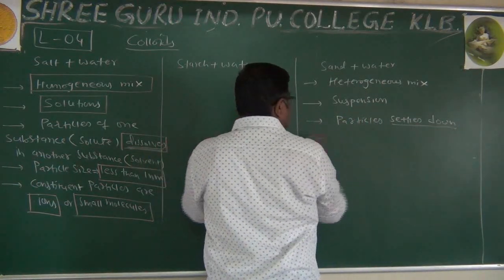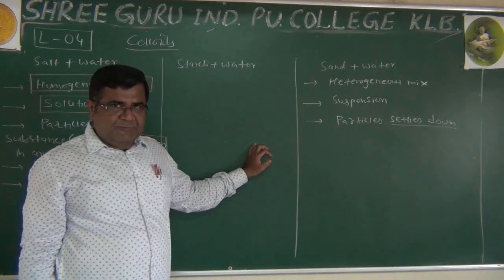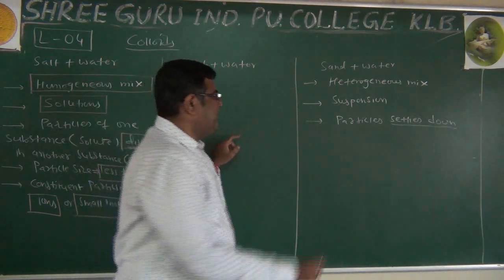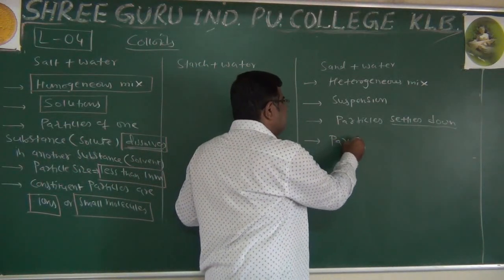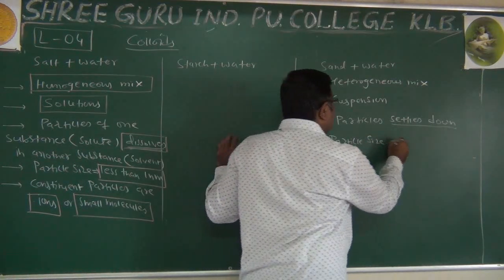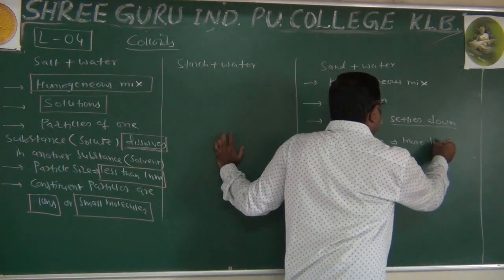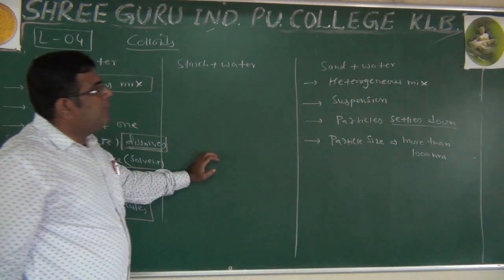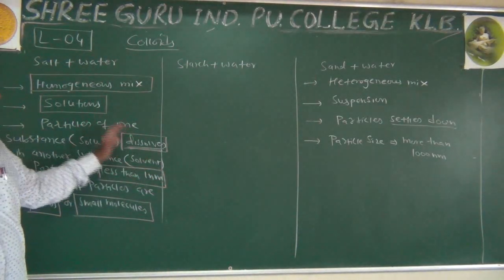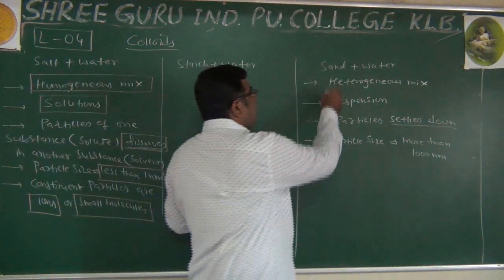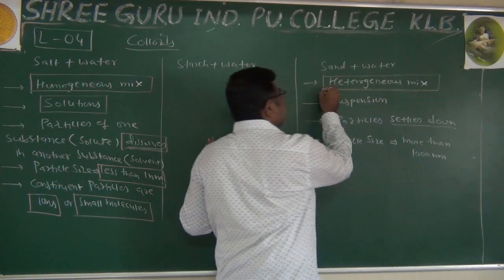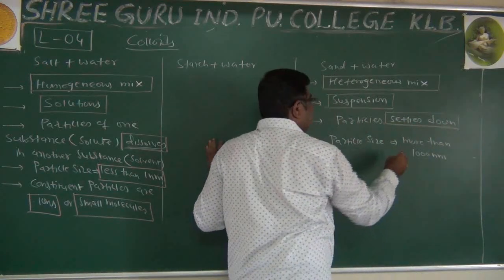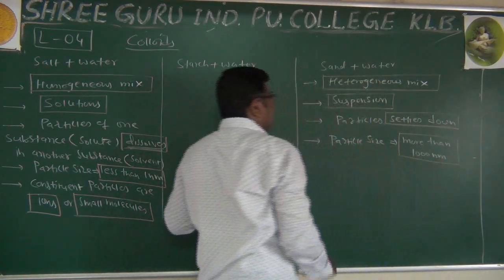Here particles dissolve, here particles settle down. One is homogeneous, solution; the other heterogeneous, suspension. And the particle size is more than 1000 nanometer. So we are going to another extreme where the components form a heterogeneous mixture. We call it a suspension. Particles are settling down and their particle size is more than 1000 nanometer.